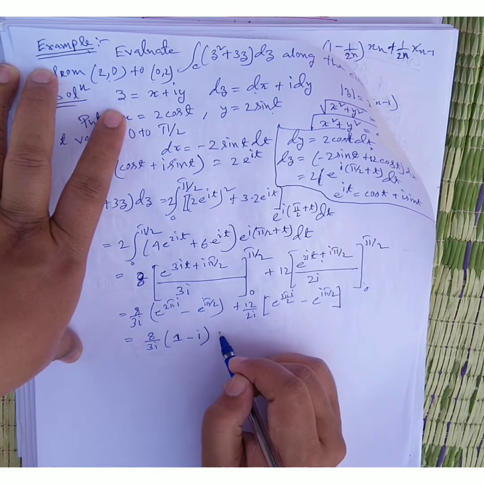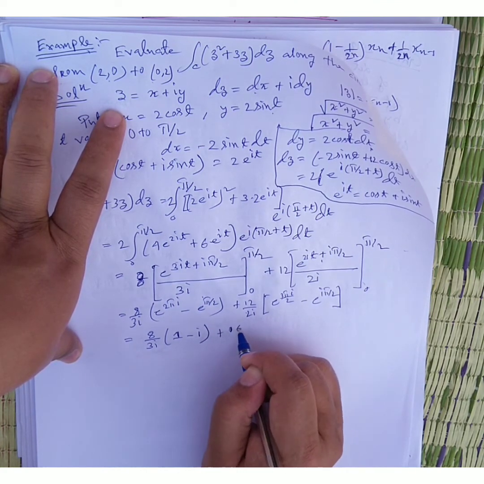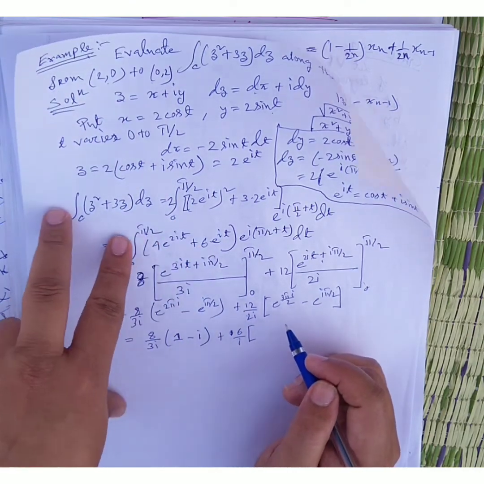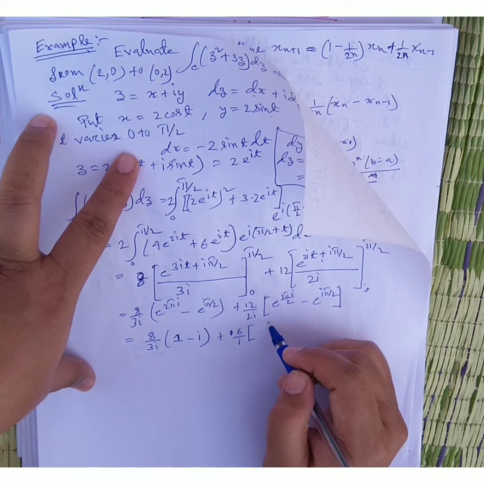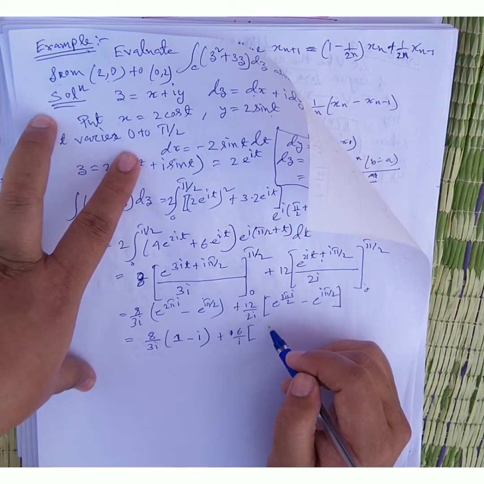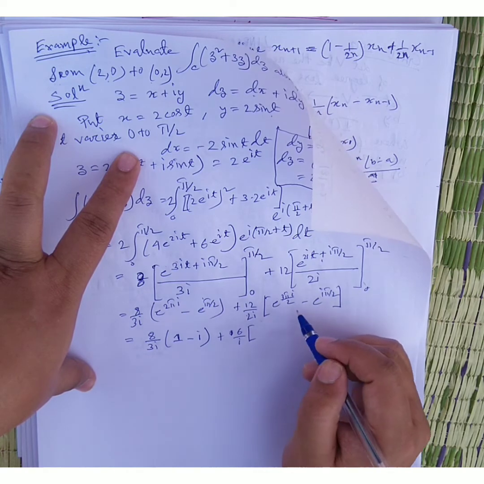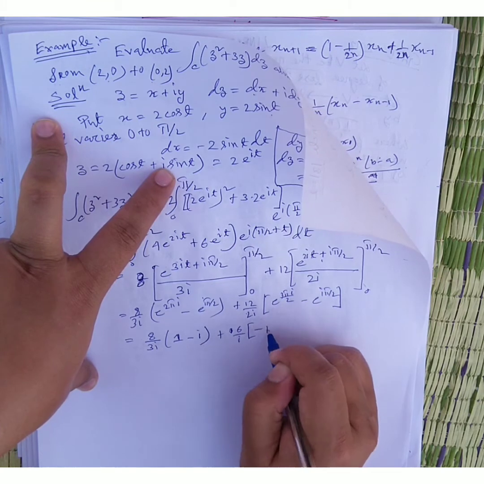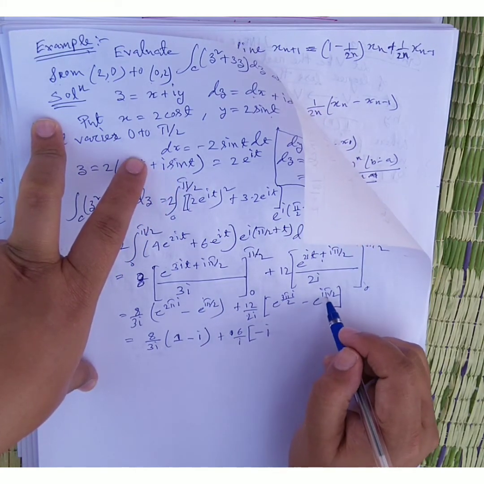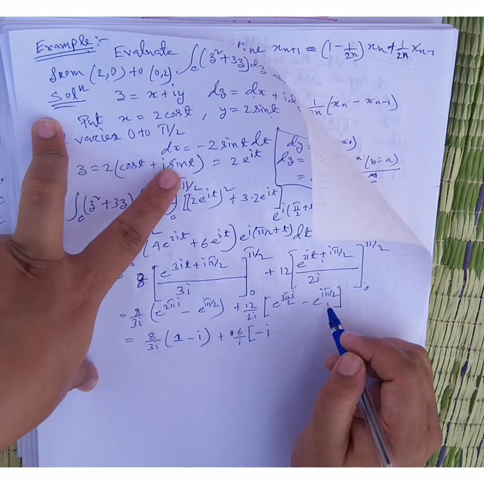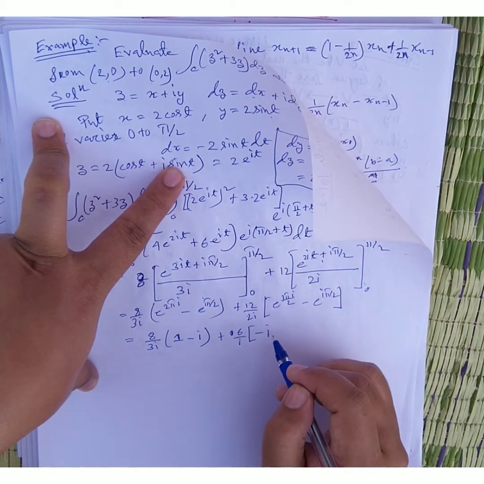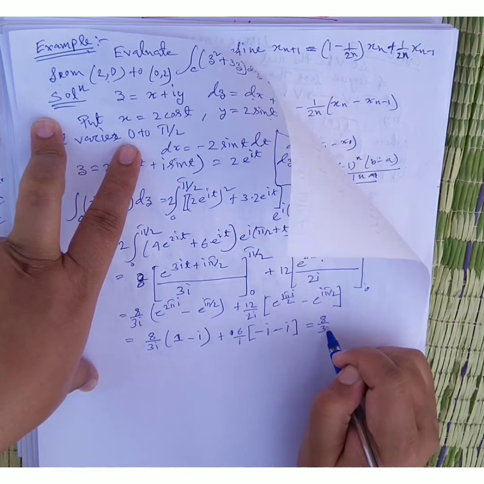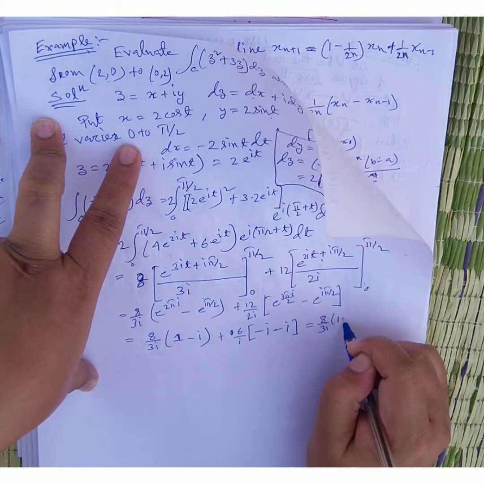Next is 6 divided by i, and cos 3 pi by 2 is 0, sin 3 pi by 2 means minus i, and i pi by 2 means cos pi by 2 is 0, i sin pi by 2 is i, so this is minus i. Thus the total value is 8 divided by 3i into 1 minus i.